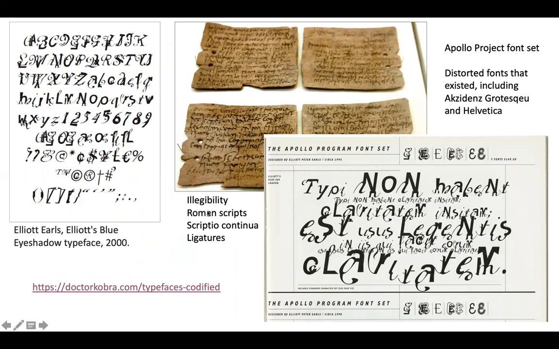You probably remember the idea of scriptio continua, when there's no separation in the words. From the look of it, because they have these little tails that come out of them, they are not really ligatures, but they appear to be ligatures. So they clearly impede legibility.